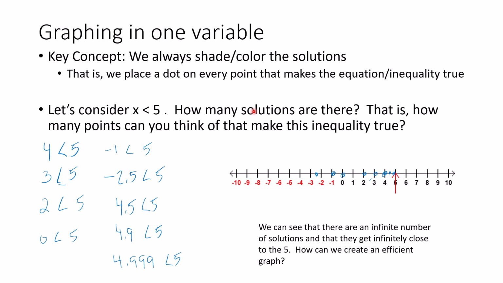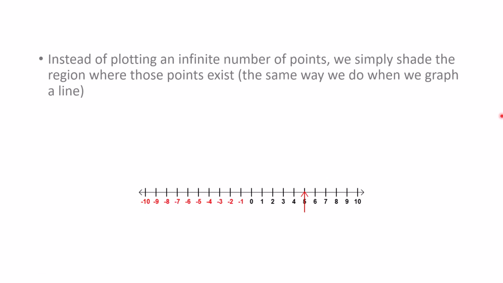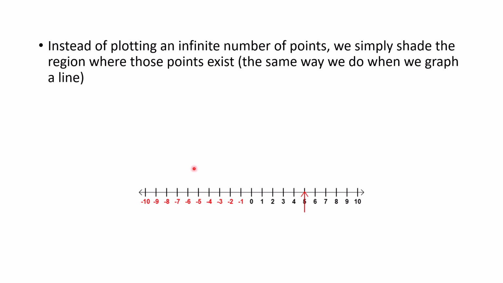So now the question becomes, how can we create an efficient graph with this? What we do is, instead of plotting an infinite number of points, we simply shade in the region where those points exist. This is the same way we do when we graph a line. We've got an infinite number of points that will make the equation true, and we might plot a couple of them as dots so we can anchor the line in place, and then we just draw a line in.